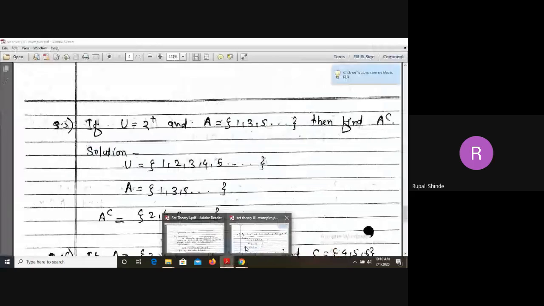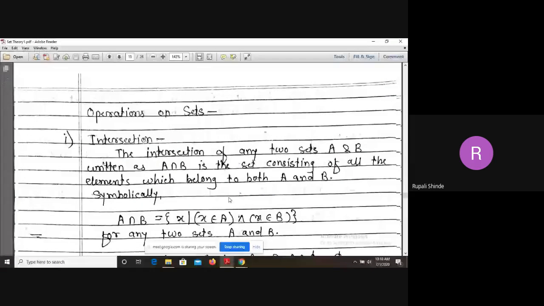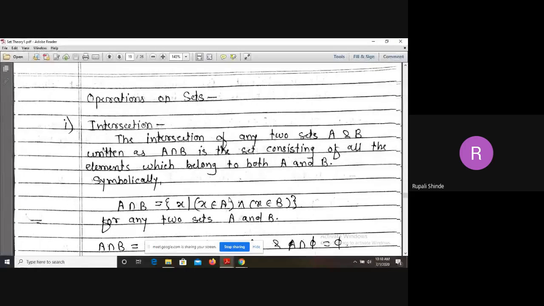Okay, so if there are two different sets A and B, then intersection between those two is represented by A intersection B. Hello, ma'am.